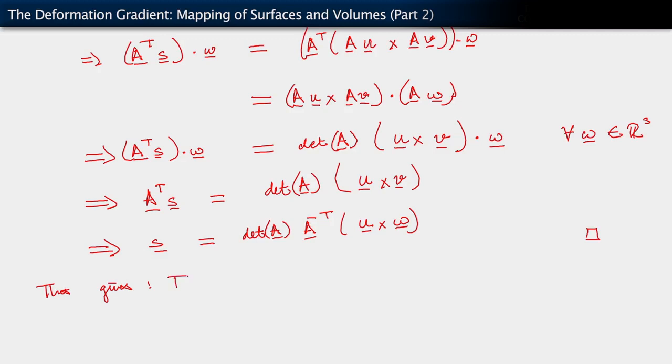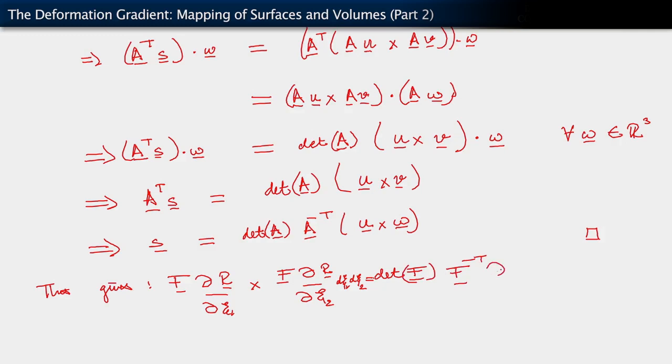F partial R with respect to C1 cross F partial R with respect to C2 equals determinant of F inverse transpose partial of R with respect to C1 cross partial of R with respect to C2.